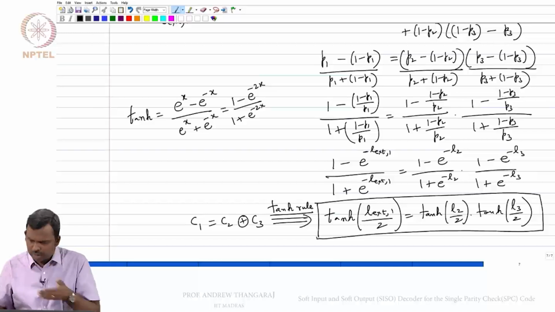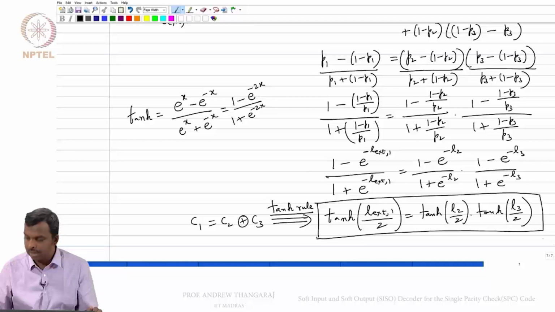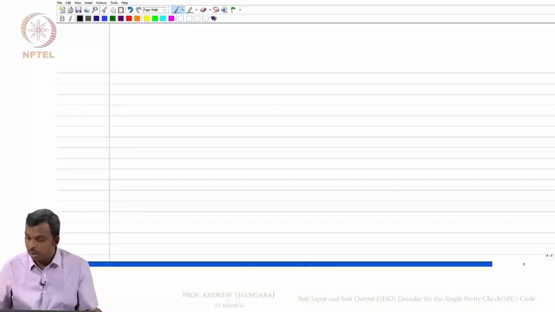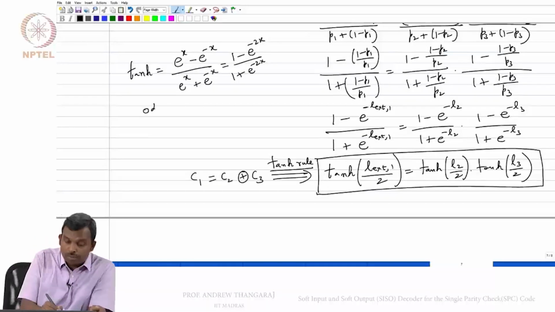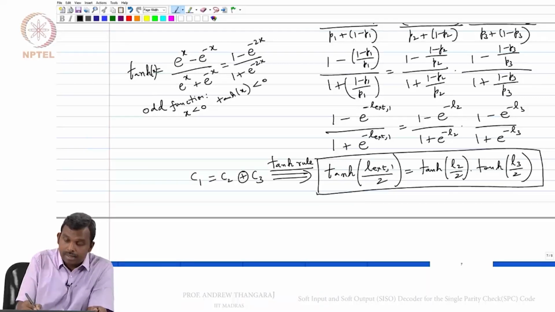It looks a little complicated, but one can do this with some plots. In fact, what people usually do is the following simplification. Tanh is an odd function. Also, if x is negative, tanh is less than 0.